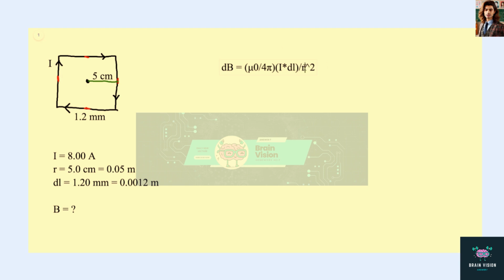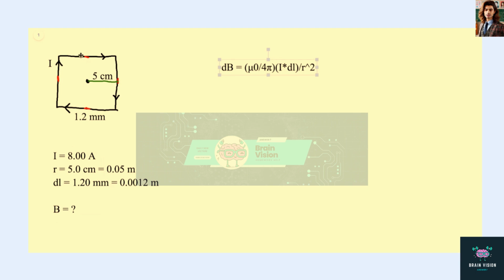And again, our r here is going to be 0.05 meters, because that's the distance from the point to the segment that we're considering. So this is the contribution from just one of these little segments.